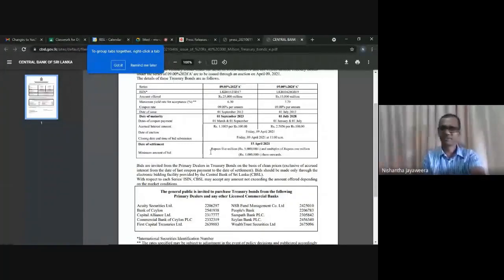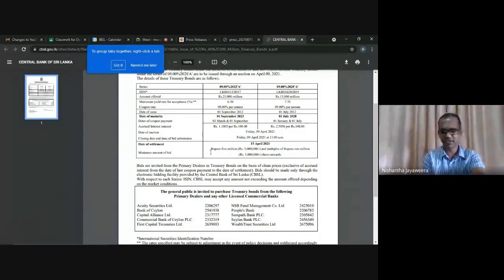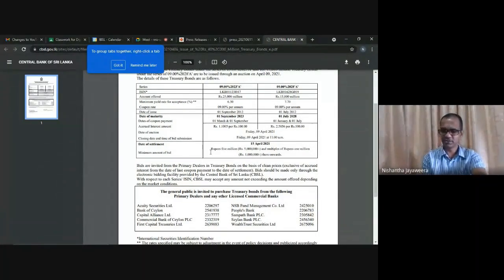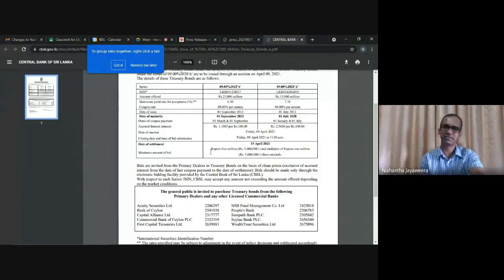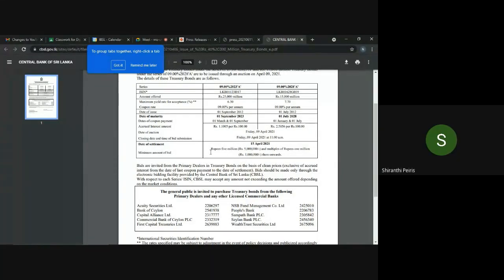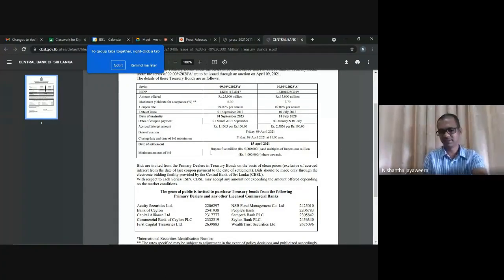When you know the price, you know the yield. Assume you bid the yield, then they accept it. Based on that yield, they can calculate the price and let you know this is the price that you have to pay. Correct? And on the other hand, they have given the maximum yield.